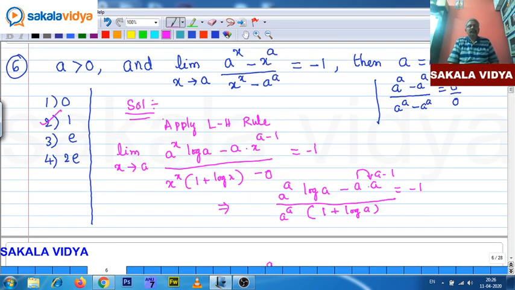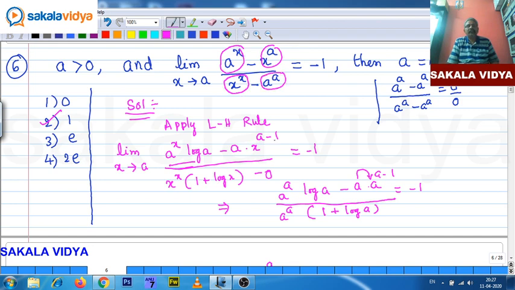So here see, differentiation of a power x is a power x log a. Differentiation of x to the power of a is a into x to the power of a minus 1. Differentiation of x to the power of x, in derivatives we have done, is x to the power of x into 1 plus log x.